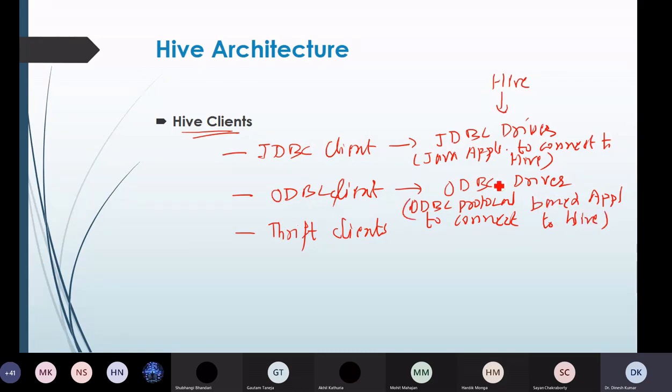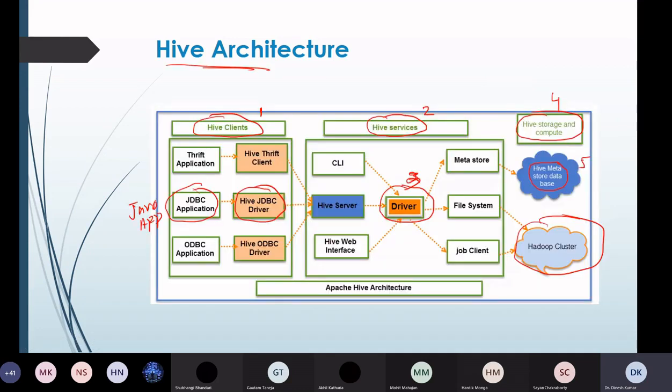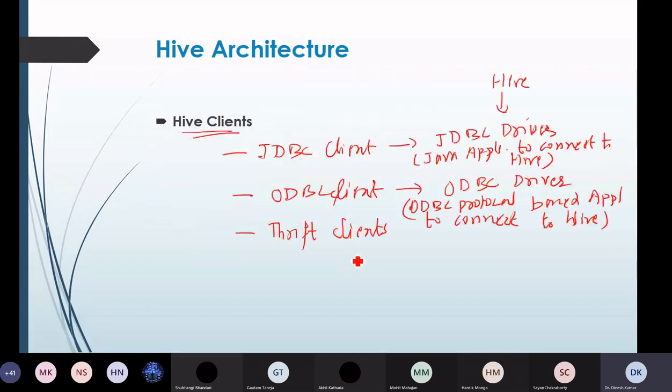So this ODBC driver of Hive would help the ODBC based application to connect to the Hive. Now these applications will connect to the Hive services by using this ODBC driver. Okay. And the third is Thrift clients.